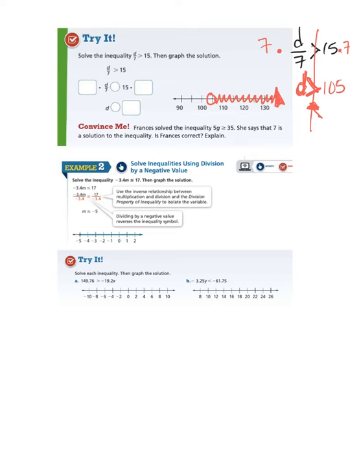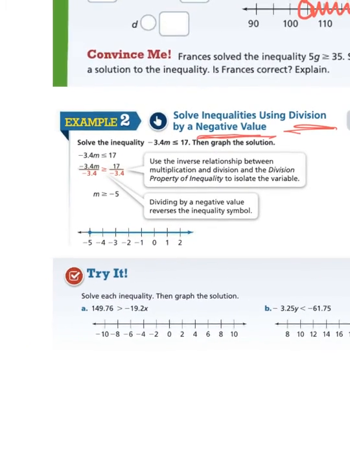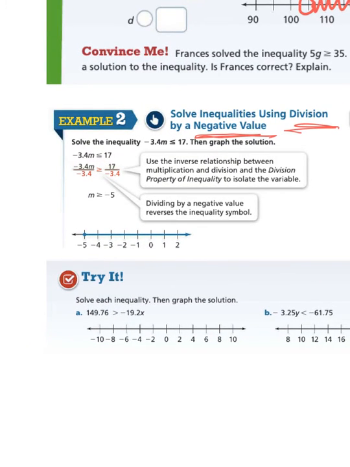All right. Now, there's another thing that we have to talk about. We have to talk about dividing with negative numbers. So when you're dividing an inequality by a negative number, please notice in this particular problem, we have negative 3.4m is less than or equal to 17.